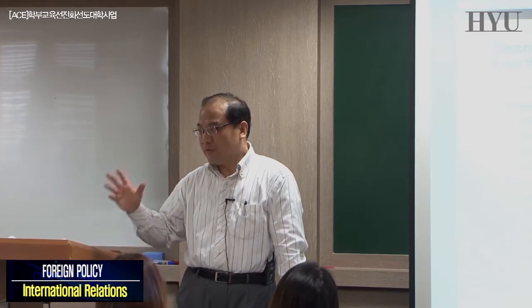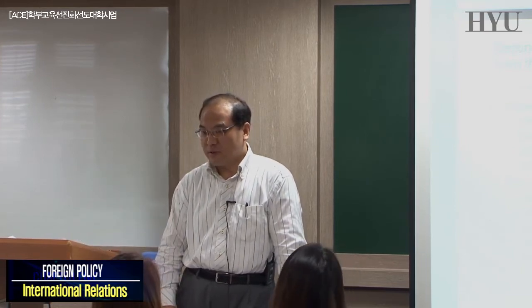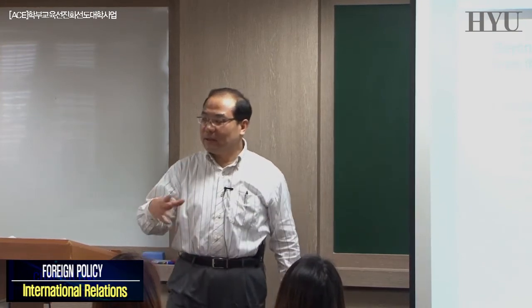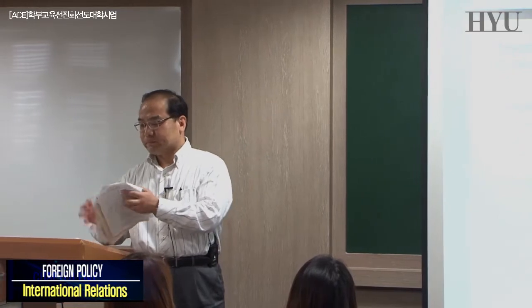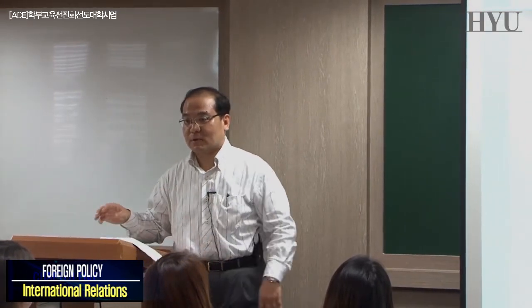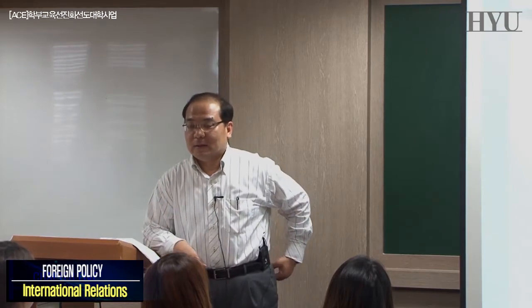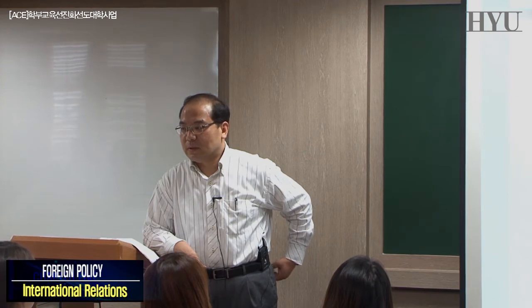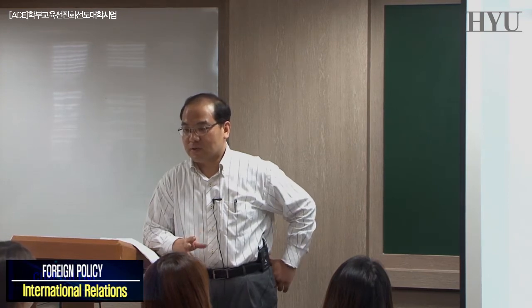Like I said, both of them are essential and necessary, right? But in international politics, there are so many books about crisis, because there are so many decision making situations in international politics.